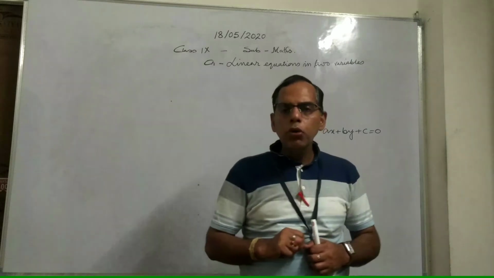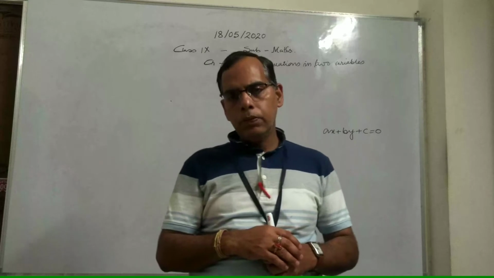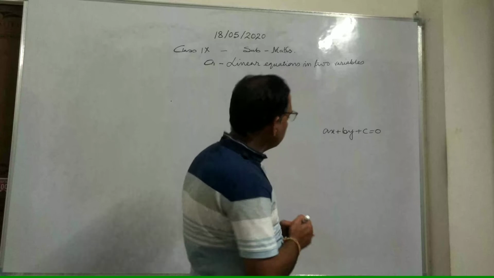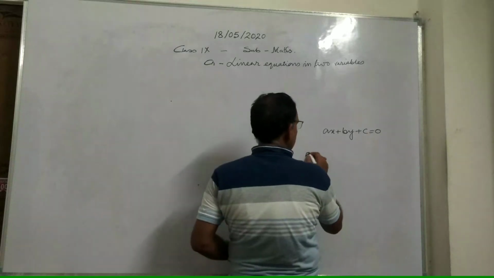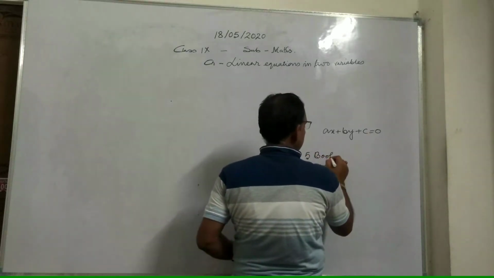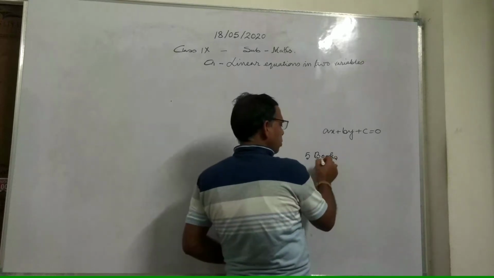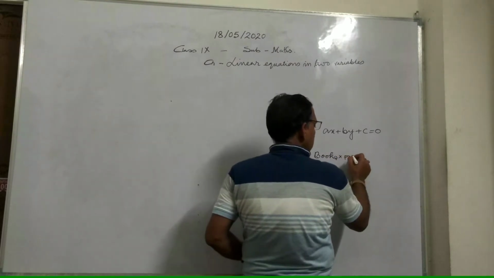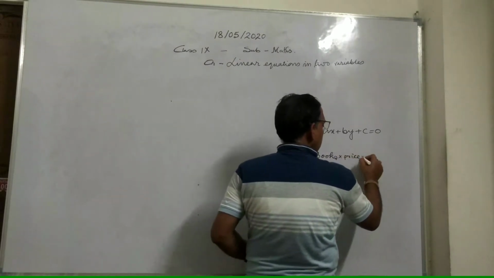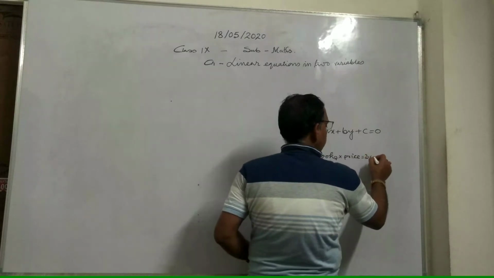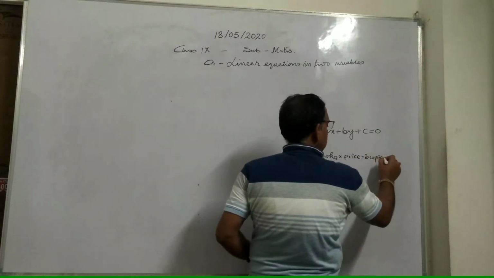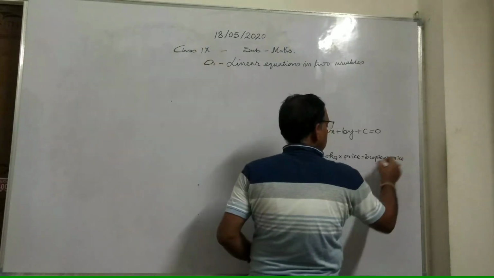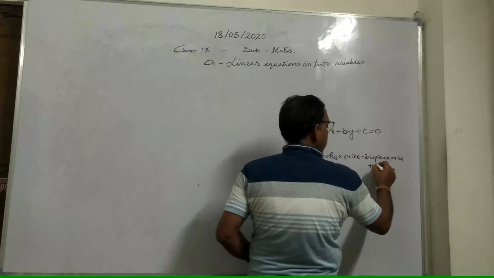Now the price of a book you don't know, the price of a copy also you don't know. But there is a relation. The relation is: the price of 5 books, so 5 books into price, is equal to 3 copies into price plus rupees 2.